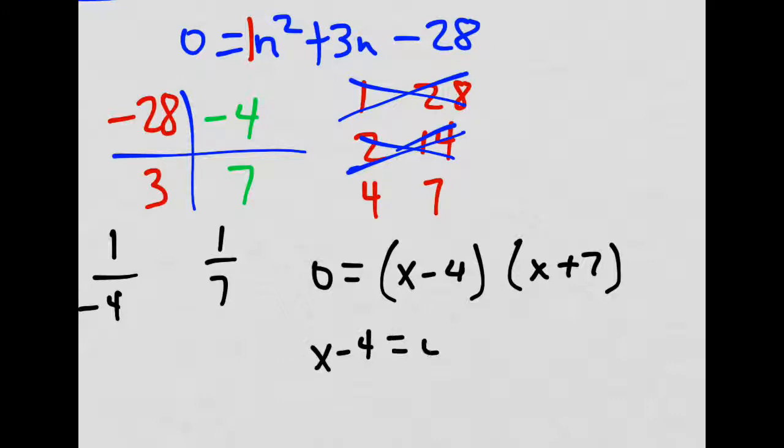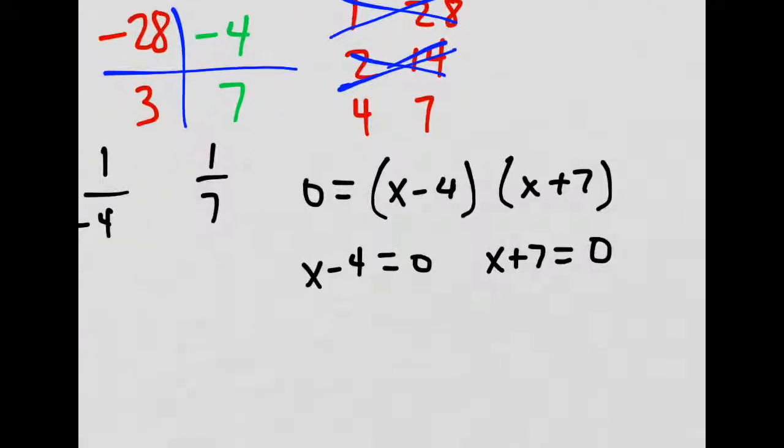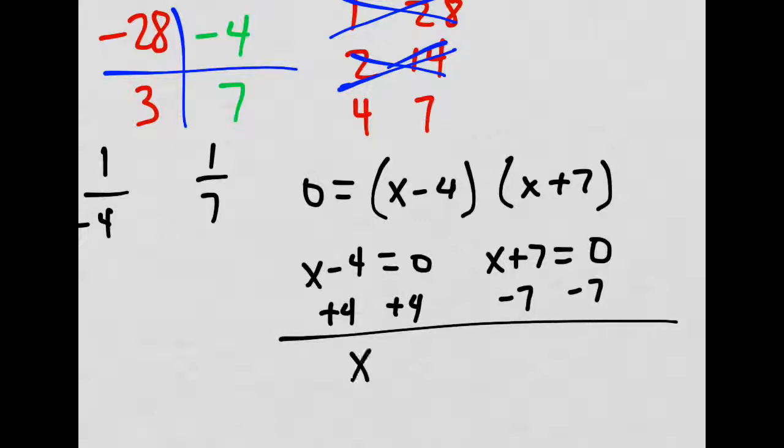So x minus 4 equals 0 and x plus 7 equals 0. Plus 4, minus 7. So x is equal to 4 and x is equal to negative 7.